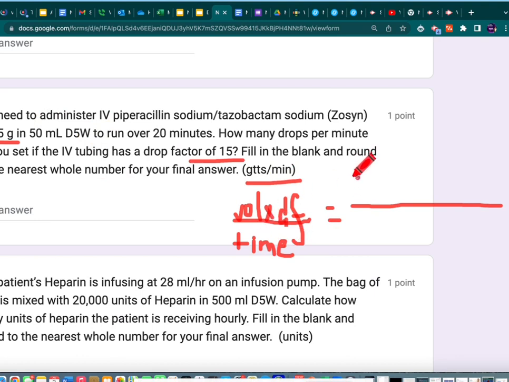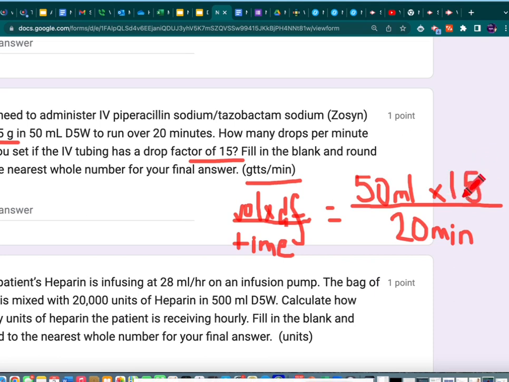All right, so if you're thinking 50 mils is your volume, to run over 20 minutes, which will be your time. And the question is, how many drops per minute given the drop factor of 15? Well, 15 is your drop factor.